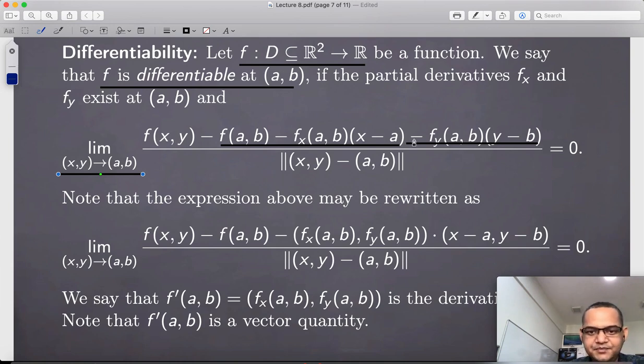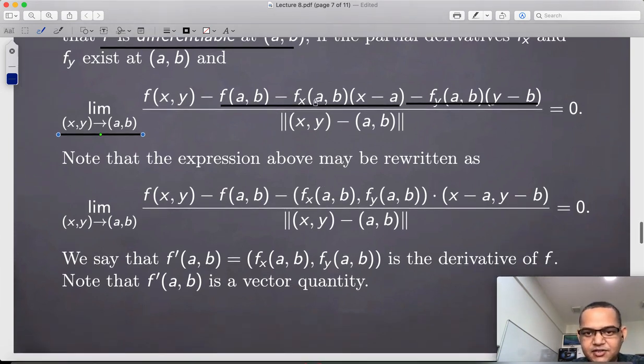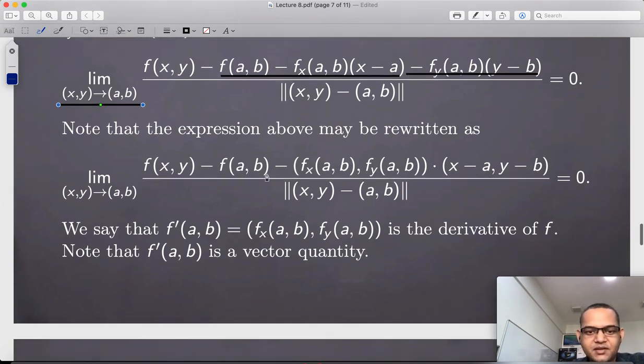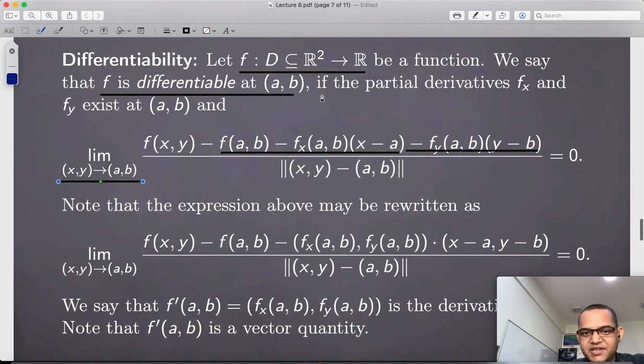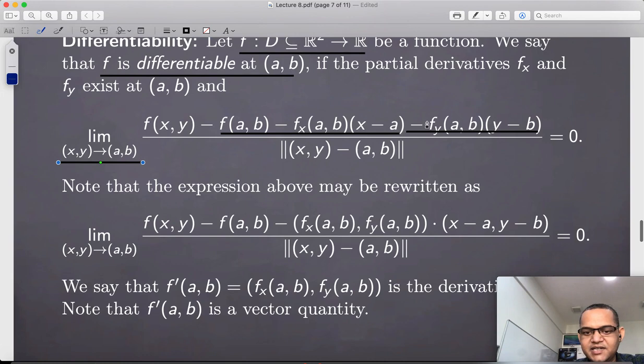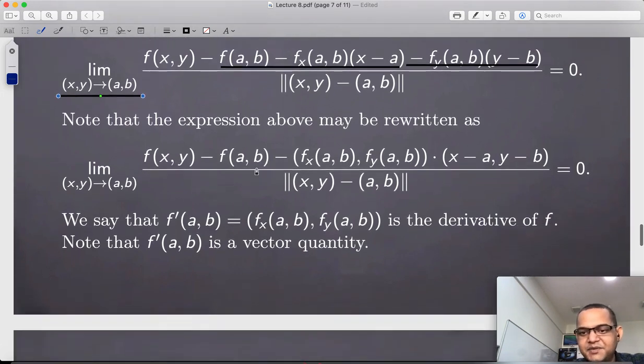And if we just rewrite this, these two quantities I can rewrite in terms of the dot product. I collect the derivative terms, the partial derivatives, and then the constant terms. So this gives you a point near (a, b), and this is the derivative evaluated at the point (a, b). So the function is differentiable if you have the partial derivatives at that point, and this limit is 0.